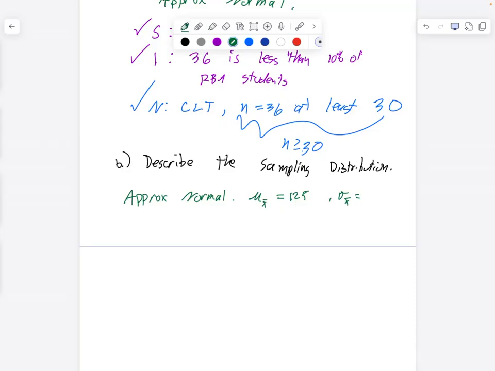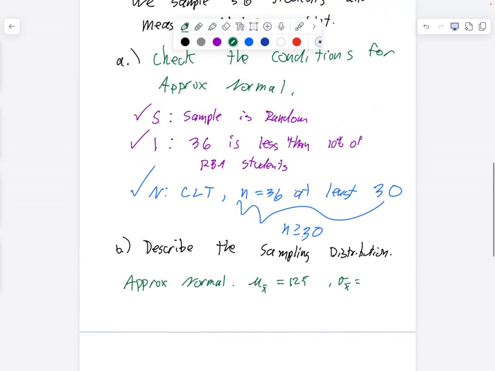What is the probability that the average weight is at least 130 pounds? So what's the chance that I do 36 students and that their average weight is at least 130 or more? Okay?